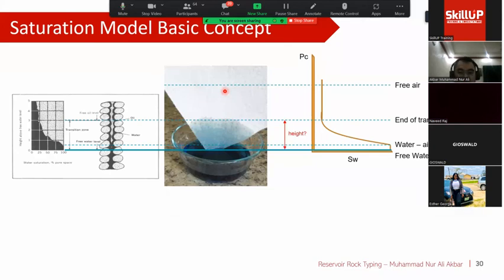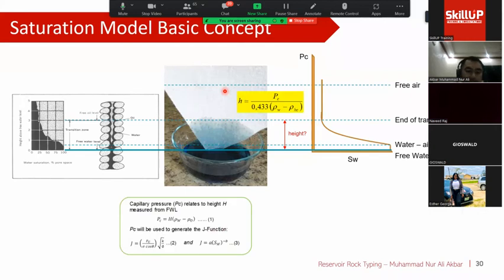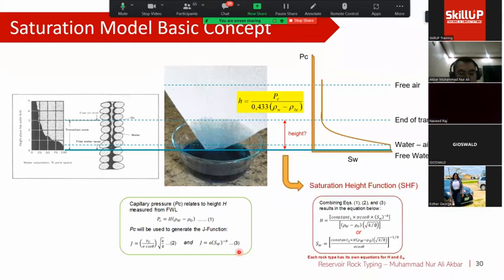In a simple way, since we have the height function here due to the capillarity index, we can transform the capillary pressure itself into the height function. And also, if you use the J function, let's say in the form of a power law, then we can estimate the water saturation as a function of height.